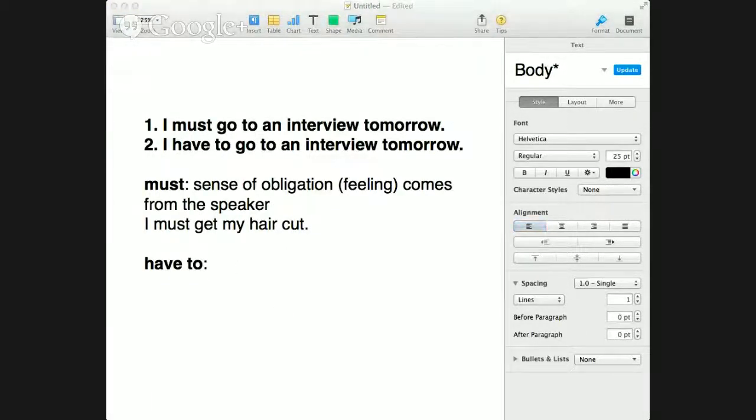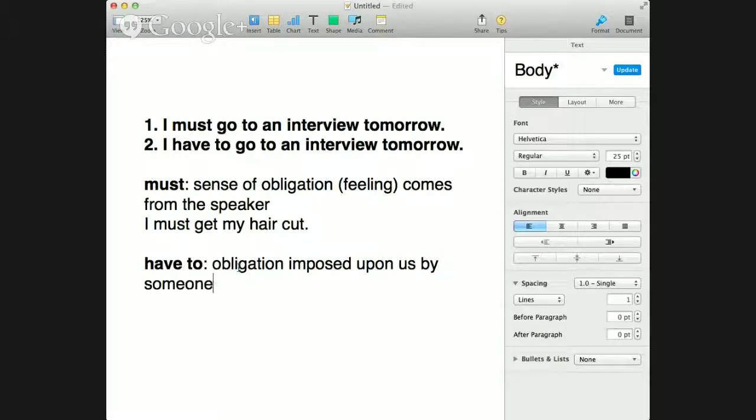However, if we use the word have to, it's usually that the sense of obligation is imposed upon us by somebody else. So what I like to say with this one is it's kind of like the teenager's word, because they're always saying, oh, I have to blah, blah, blah.